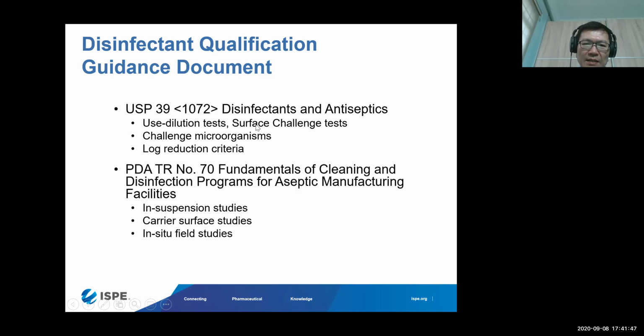USP 1072, disinfectants and antiseptics, mentions the use dilution test and the surface challenge test, though not in great detail. It also mentions the challenge microorganisms that are commonly used and the log reduction criteria.